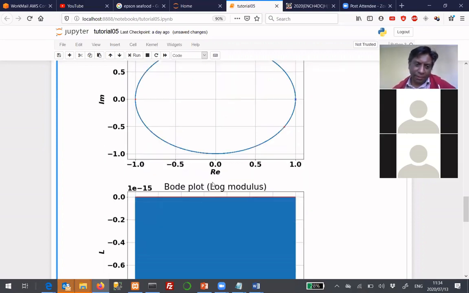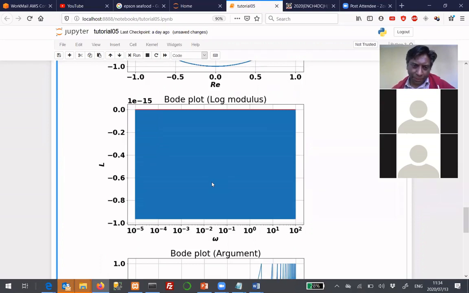And then here you can see, it looks like we are painting our screen with values that are not 0. But if you look at the scale here, this is 10 to the minus 15. So that's the numerical limit of the computer, right?